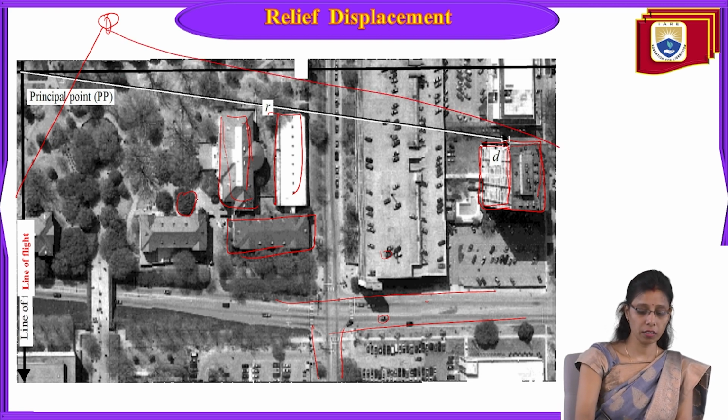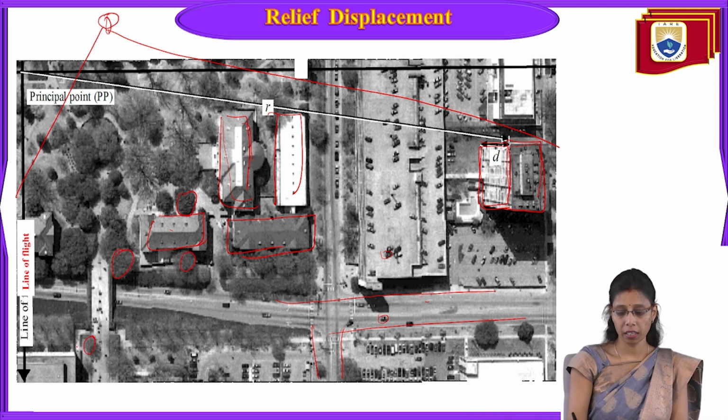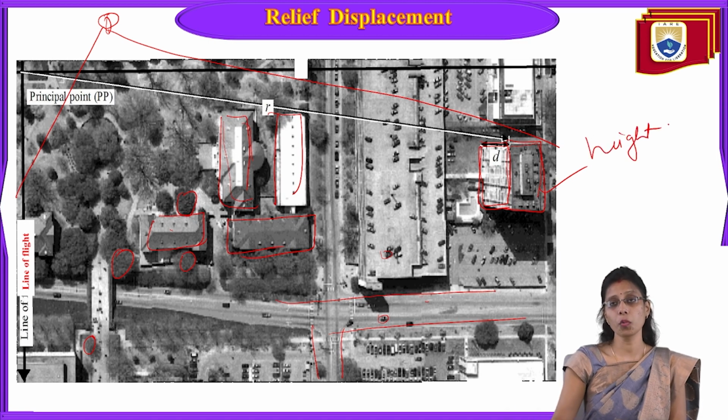These are all vertical, but here, because the building height is more, we can see the building side. This displacement we call relief displacement, as the flight goes on in a direction.